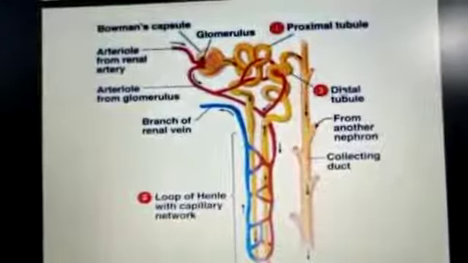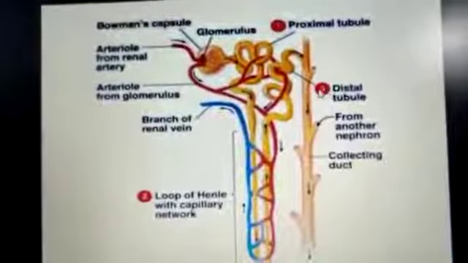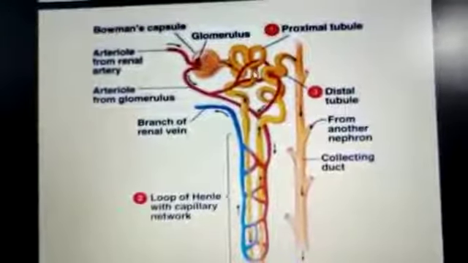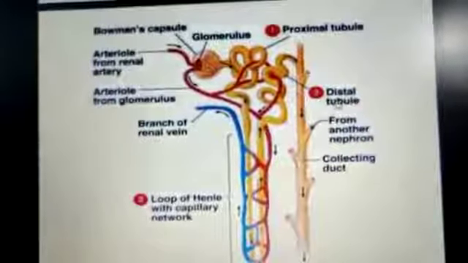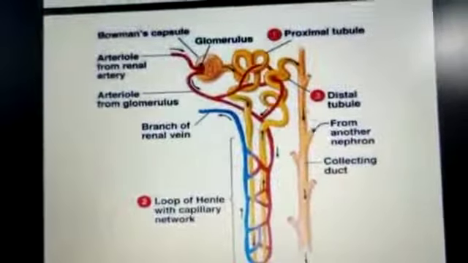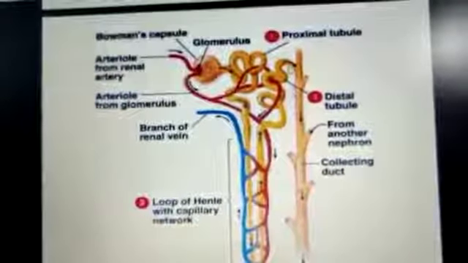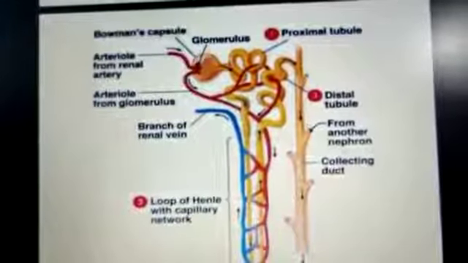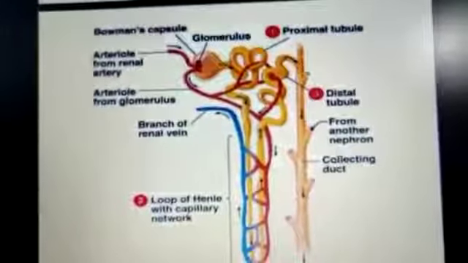This is nothing but the distal tube. So DCT, distal convoluted tube, and PCT, proximal convoluted tube. And then every nephron opens into this long tube-like structure, that is the collecting duct.